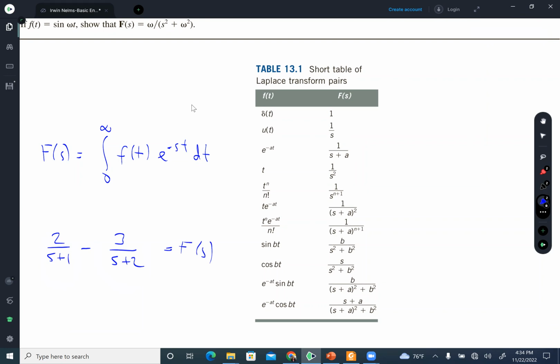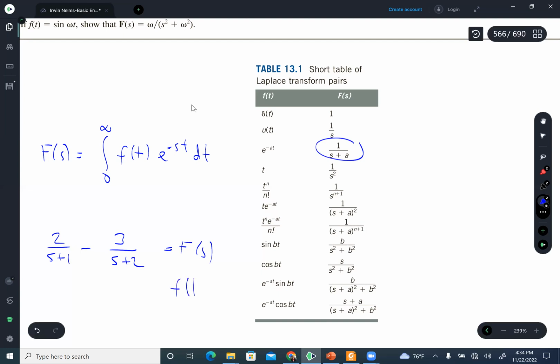The first term is simply 2 times 1 over s plus 1. And 1 over s plus 1 is this function with a equal to 1. So the inverse Laplace transform of this would be 2 times e to the minus t. And the inverse Laplace transform of this would be 3 times e to the minus 2t, right?